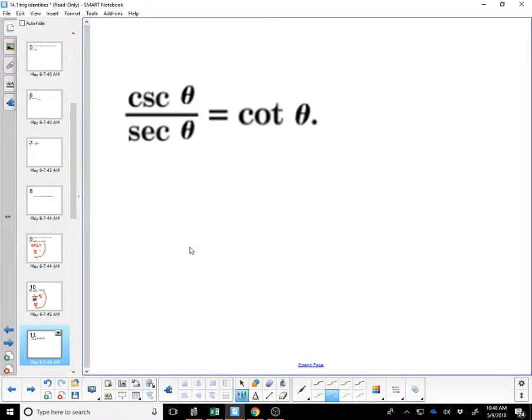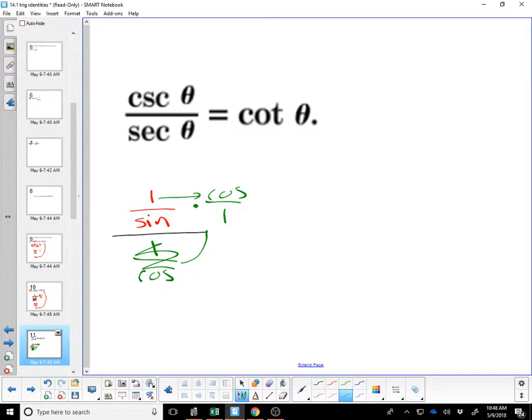Cosecant, that's the reciprocal of sine, isn't it? So, cosecant is 1 over sine. And then in the denominator, I have secant. What is secant? That is 1 over cosine, correct? Now, do I really divide fractions? No, I multiply by the reciprocal. So this is going to come to the top, and I'm going to multiply by cosine over 1. This is gone.